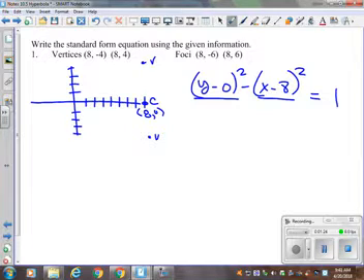Then, how far is it from the center out to the vertices? 4, and that's always a. Now they also gave me foci in this problem. The foci are down a couple more from the vertices, it looks like, because our vertices were at 4 and -4, and our foci are at -6 and +6.